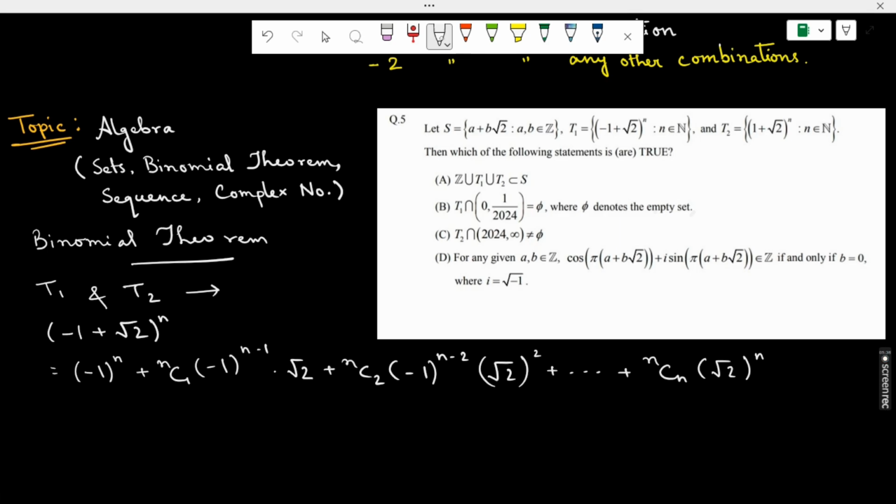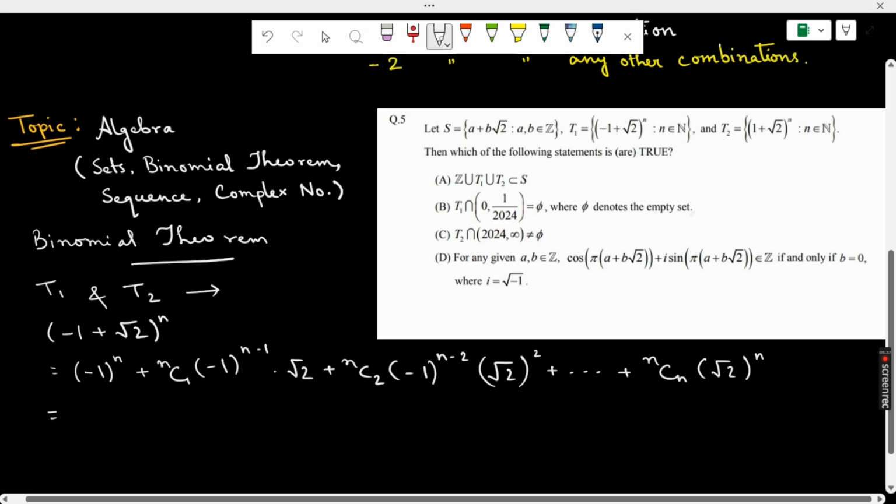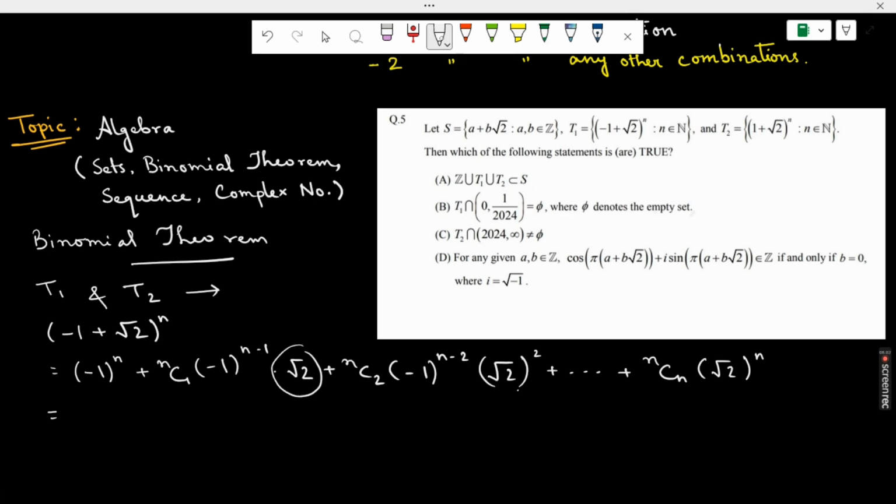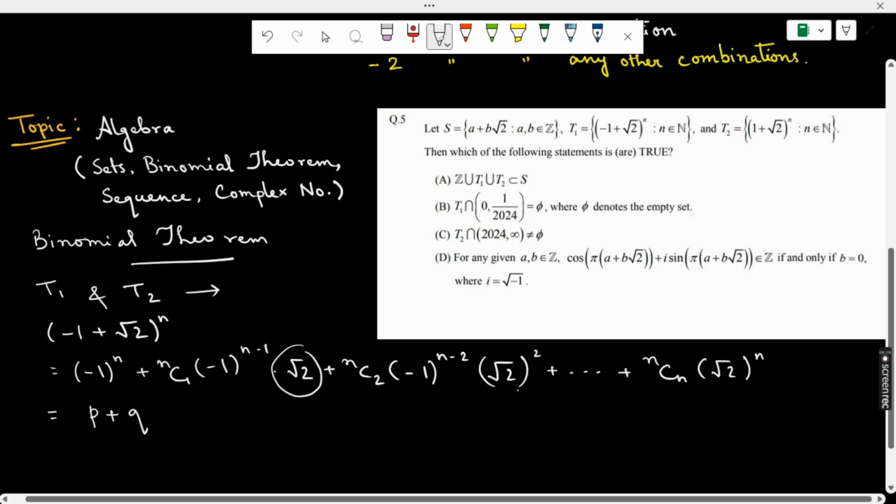And if we solve this, some terms will have root 2 as it is, and some powers of root 2 will be an integer of the form 2, 4, etc. nC1, nC2 are already integers, and (-1) to any power means either +1 or -1. So you can clearly write it in the form p plus q root 2, where p and q are integers.